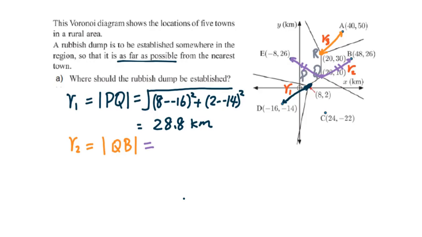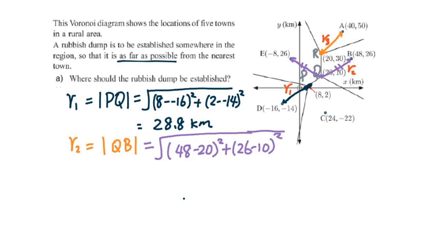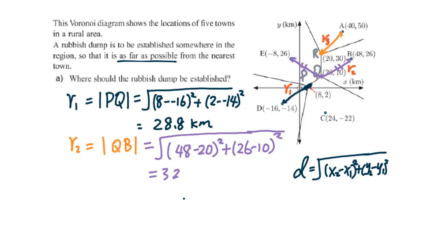I choose B. So you will get the square root of (48 minus 20) squared plus (26 minus 10) squared, equals 32.2 kilometers.